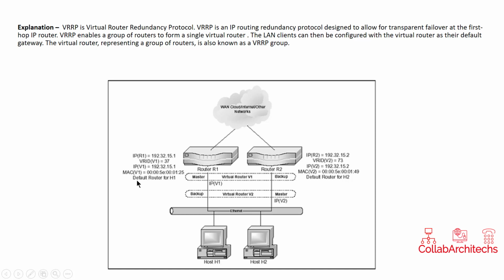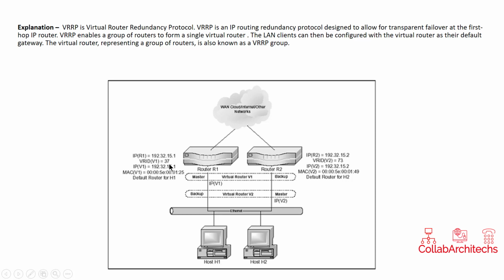H1 is host 1. The default router for host 1 is this one, and the default router for host 2 is this one. The virtual router representing a group of routers is also known as the VRRP group. In this diagram, router 1 has the IP address 192.32.15.1, and router 2 has the IP address 192.32.15.2.